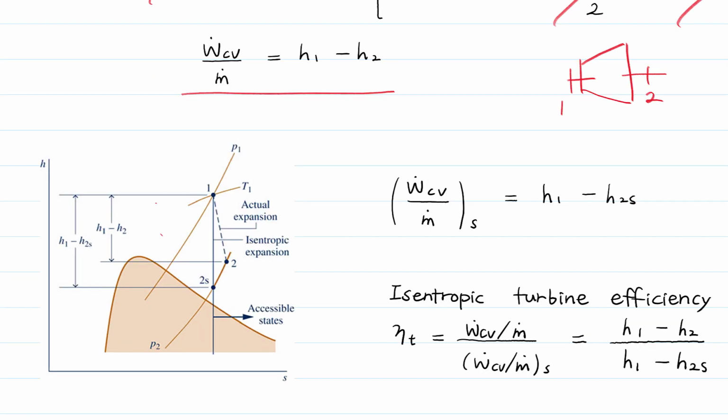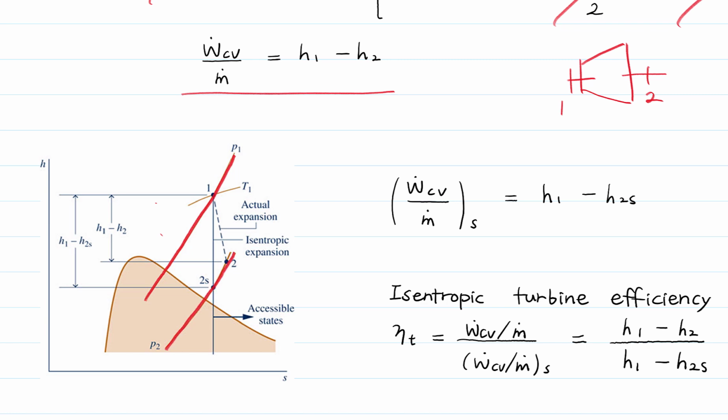Let's see the process on an h-s diagram. Y-axis is enthalpy, x-axis is entropy. Location 1 is at the inlet of the turbine and location 2 is at the exit. This is a constant pressure line. This is another constant pressure line.